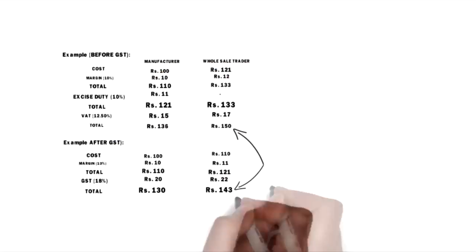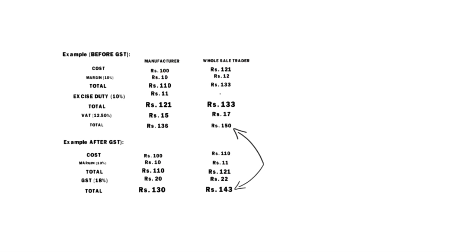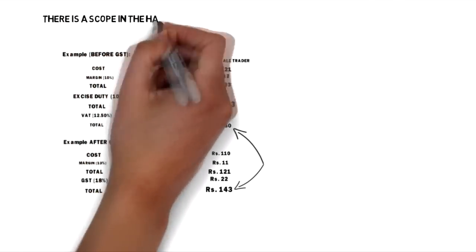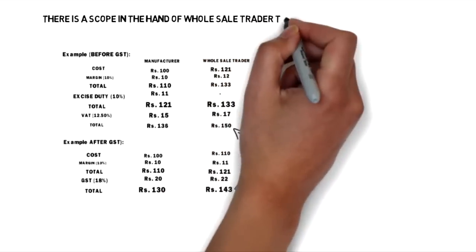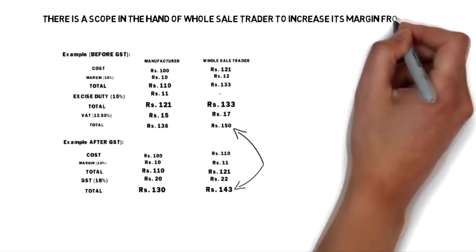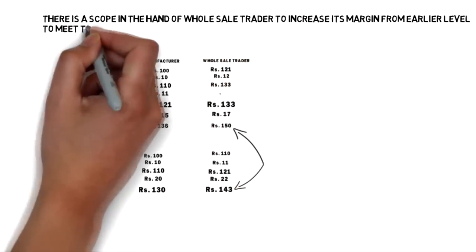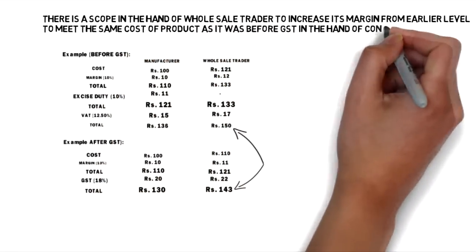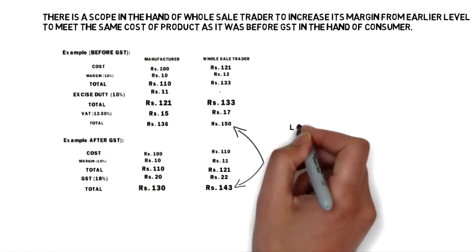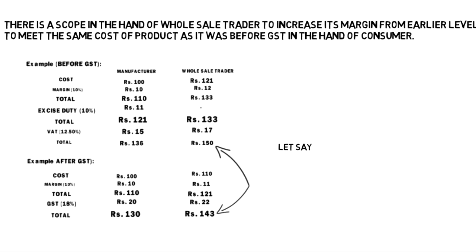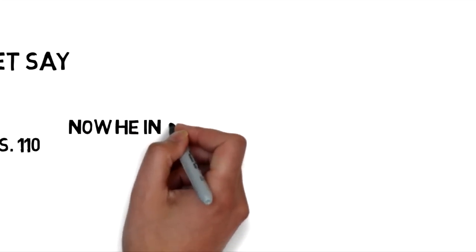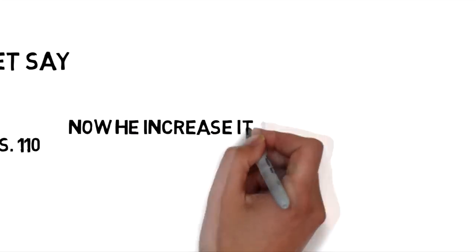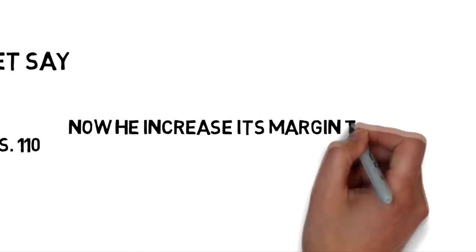Taking the same example, there is scope for the wholesale trader to increase his margin from the earlier level to meet the same cost of product as it was before GST in the hand of the consumer. Let's say the cost in the hand of the wholesale trader is rupees 110. Now he increases his profit margin to 15%.